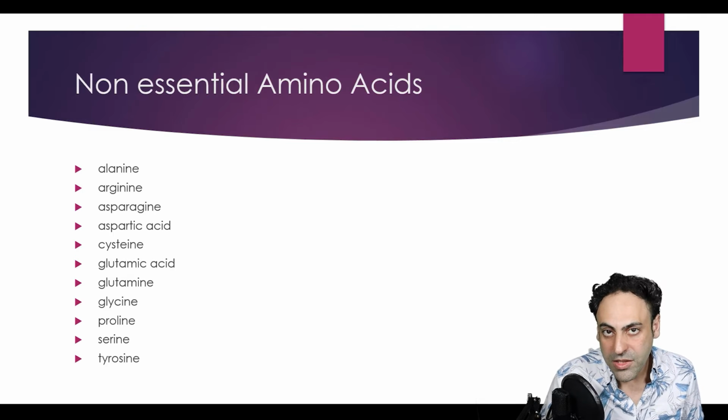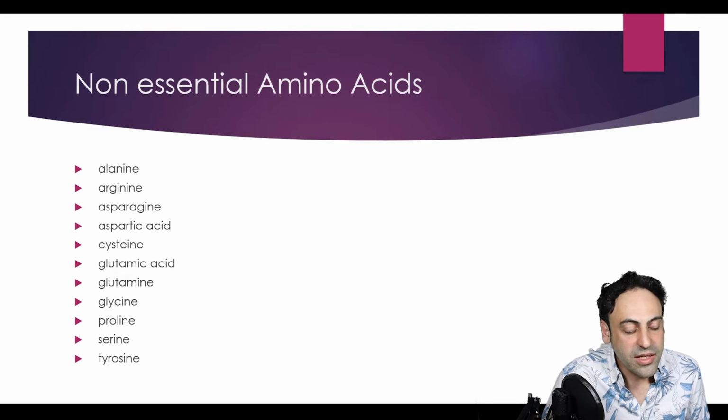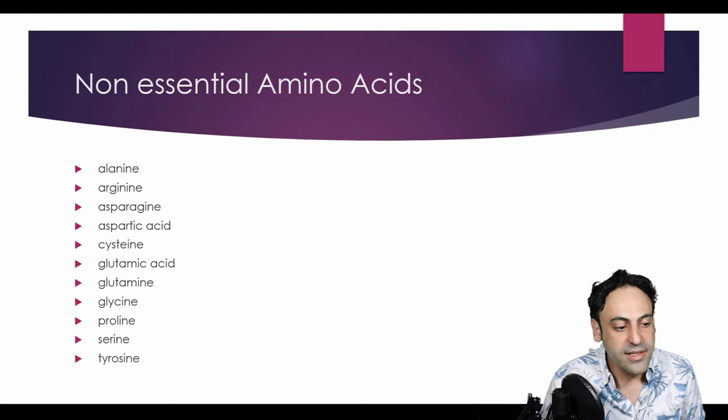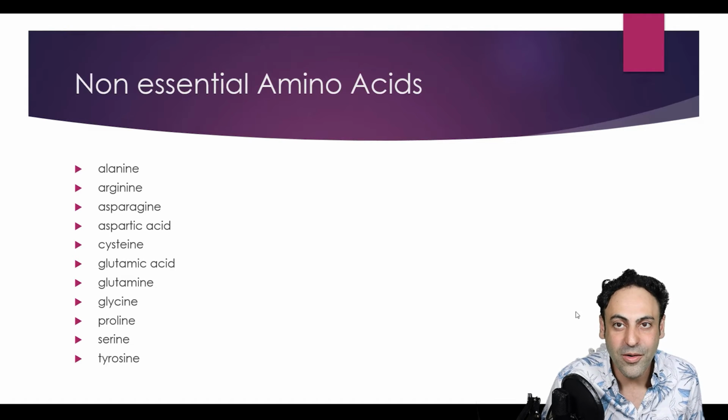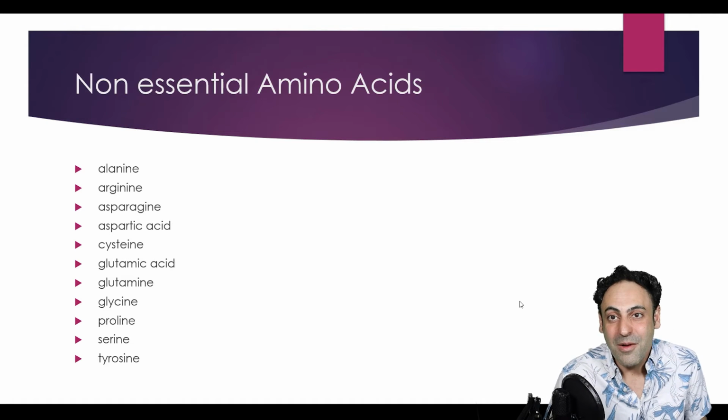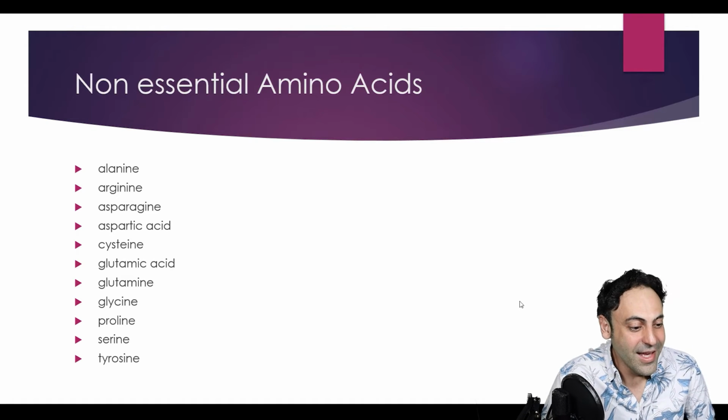So alanine, which we talked about, arginine, asparagine, aspartic acid, cysteine, glutamic acid, glutamine, and glycine are non-essential amino acids. That means your body already makes glycine because it is so important for collagen, and without collagen we don't have bone, skin, or anything like that.